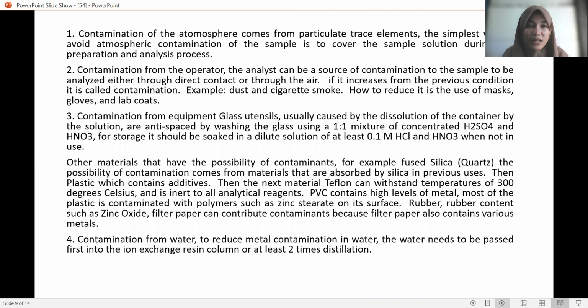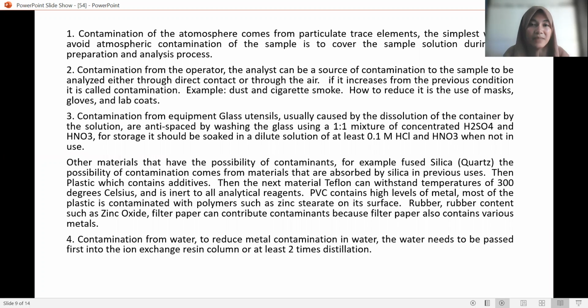One, contamination from the atmosphere comes from particulate trace elements. The simplest way to avoid atmospheric contamination of the sample is to cover the sample solution during the preparation and analysis process.